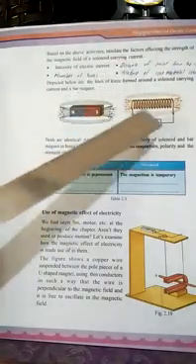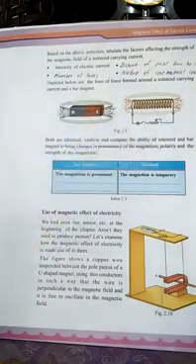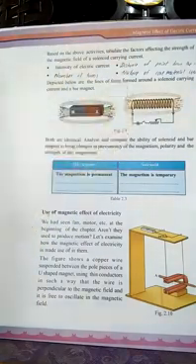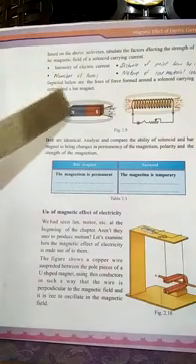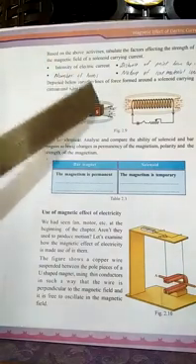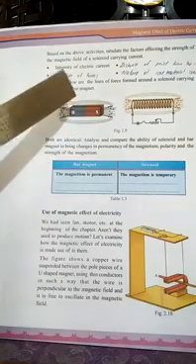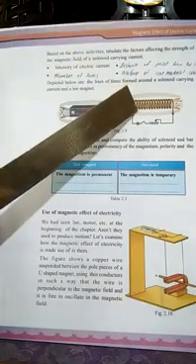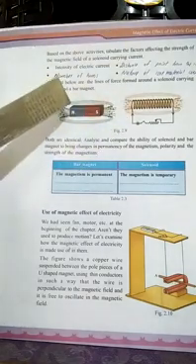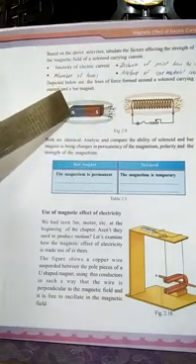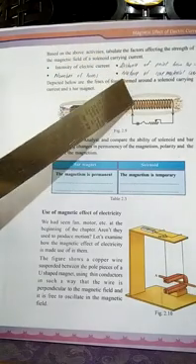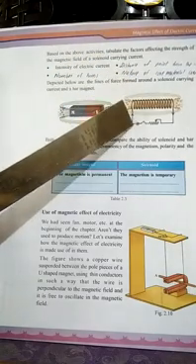So the poles of the electromagnet can be changed by changing the direction of current, and the poles of a bar magnet cannot be changed. It is permanent. Bar magnets are permanent magnets, and electromagnets are temporary magnets.